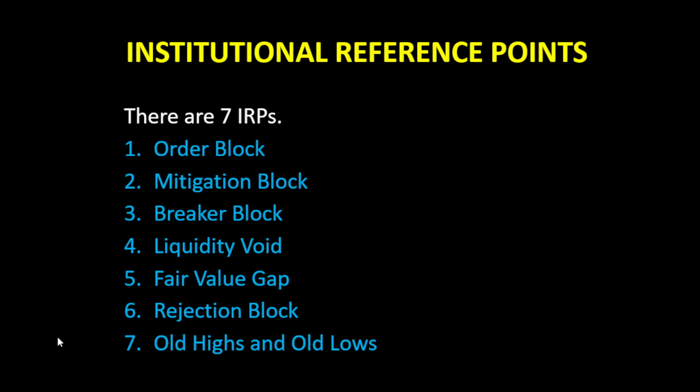These 7 institutional reference points are critically important because all the institutes, big boys, central banks place their trades on the basis of these reference points.